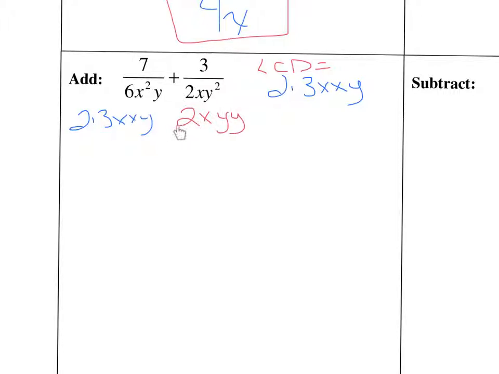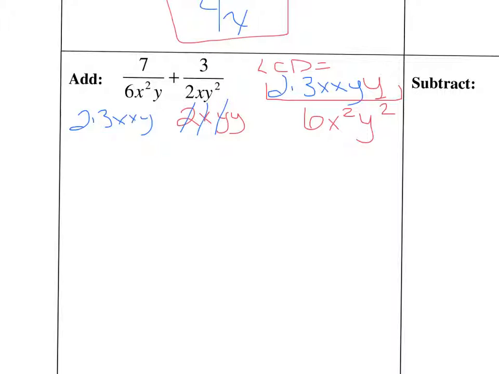Well, we've already got this 2 covered. There's some overlap there. We've already got this x covered. We have only one y, so we've got one of these y's covered, which means we're going to have to put another y to represent that y into our common denominator. When I multiply all that together, I get 6 x squared, y squared, and that will be the common denominator.